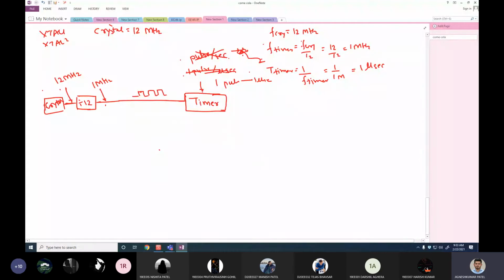Okay, so here, this is the scenario. You are receiving 1 microsecond. In 1 microsecond, you are receiving one pulse. Now, this is right now not controlled. What will happen as soon as you start this thing?